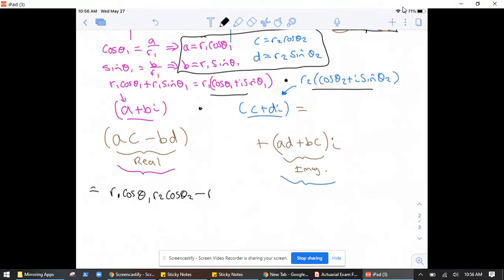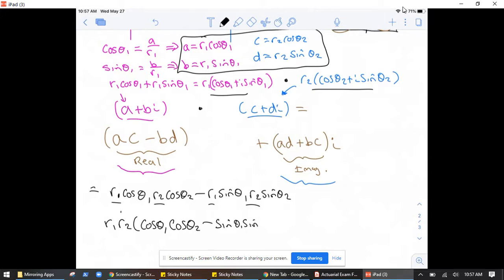B is R1 sine of theta 1, and D is R2 sine of theta 2. And now this is the real part. Notice there's an R1, R2 that can come out. So R1, R2, and what's left is cosine of theta 1, cosine of theta 2, minus sine of theta 1, sine of theta 2.